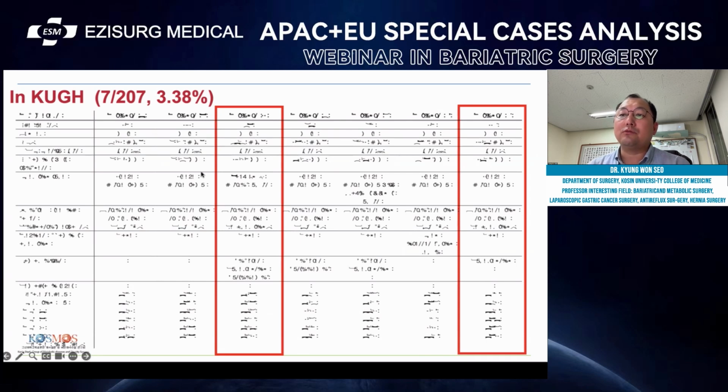In all cases where reoperation was performed, bleeding was confirmed at the stapler site, and we treated it using an appropriate hemostasis method. Even in cases where no surgery was performed, the bleeding could be confirmed at the staple line on CT.